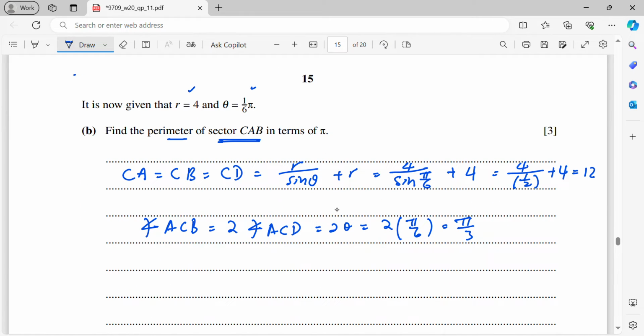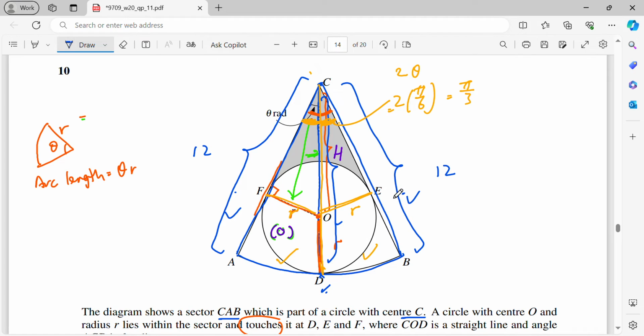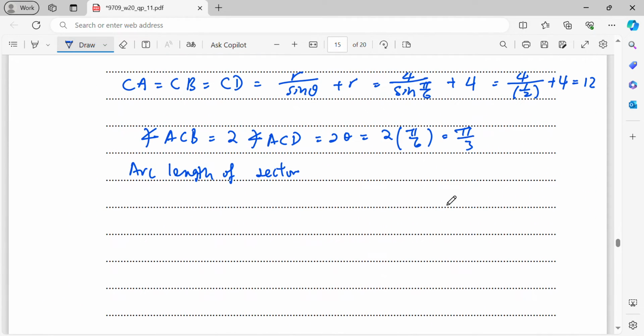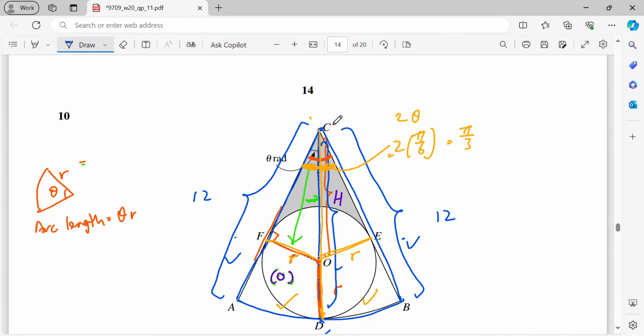Okay, so the arc length of sector CAB equals to, now when you look at this whole sector CAB, the theta already found, the R becomes 12.